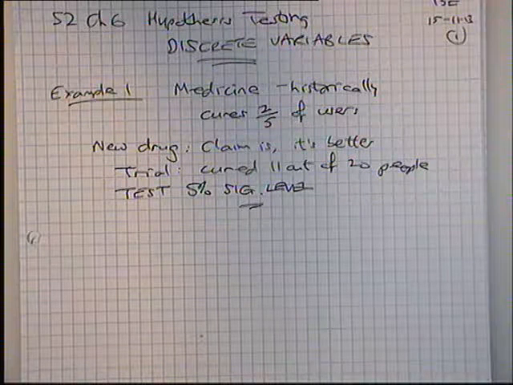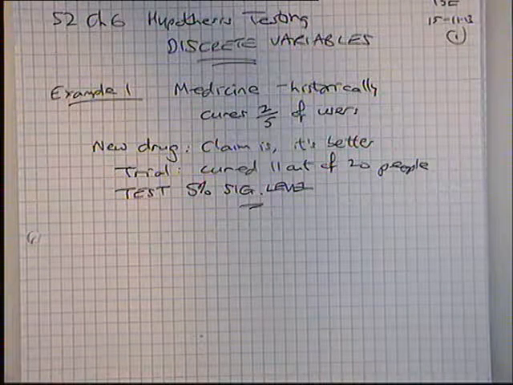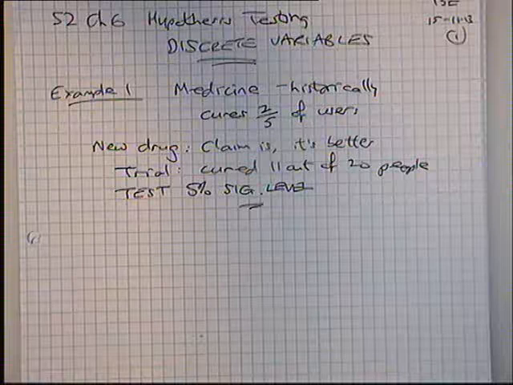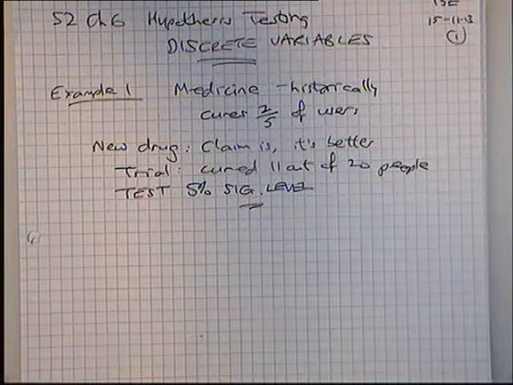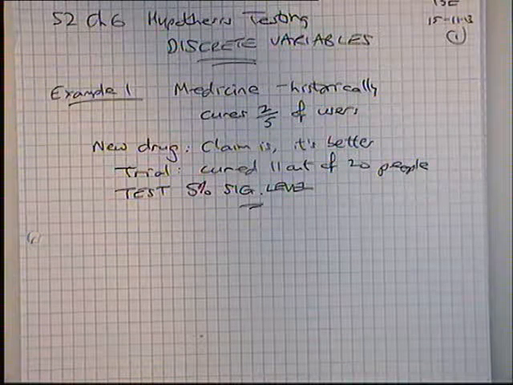When I was at university, one of the options I did in my degree was in medical statistics, and that's a huge area of testing things. Is it worth it? The government want value for money. You see in the papers and on the news sometimes that NICE, the National Institute for Clinical Excellence, now decide that the NHS can use this drug, can't use that drug, and a lot of it is done on medical testing and things like this.